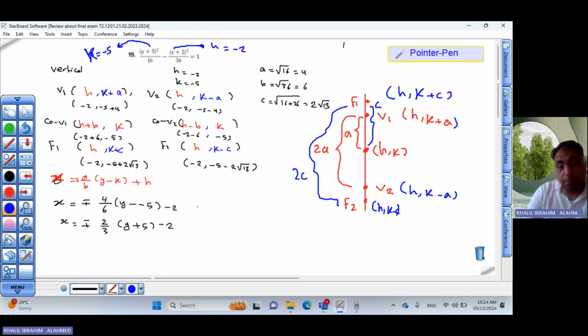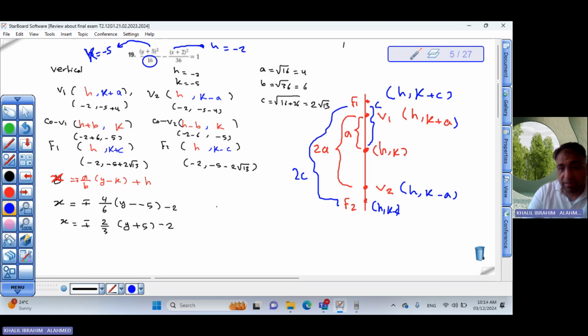The big important point here is how to find the equation of the asymptote. Look here. Who is coming first? The y. What is under the y? This is a.